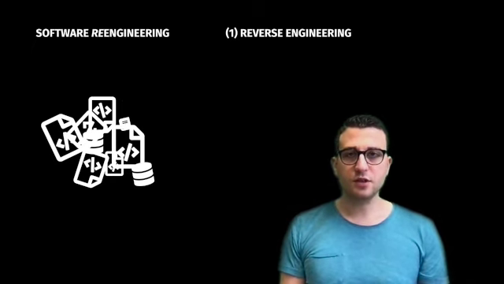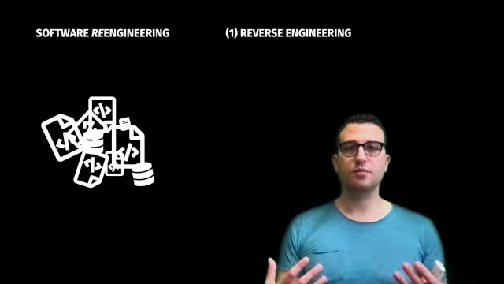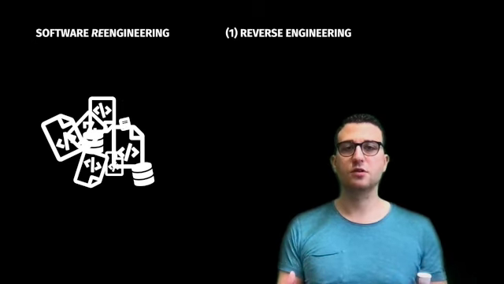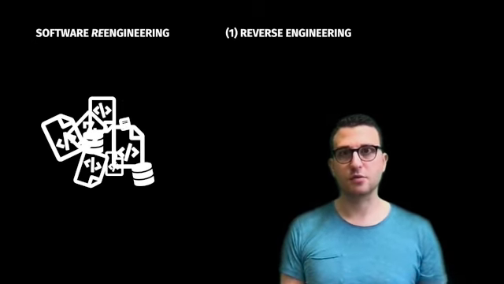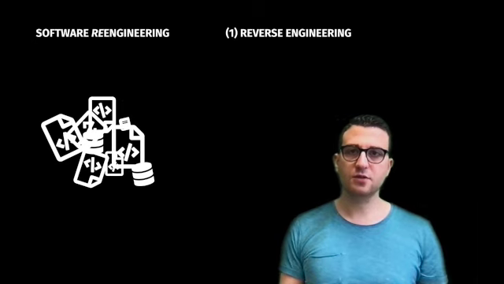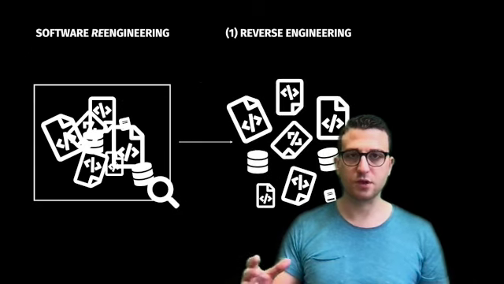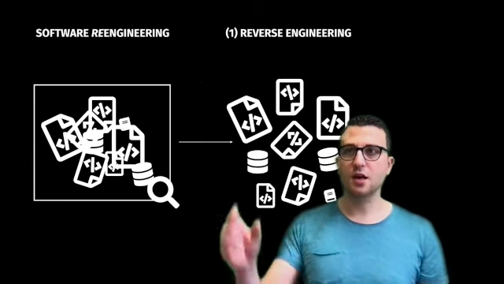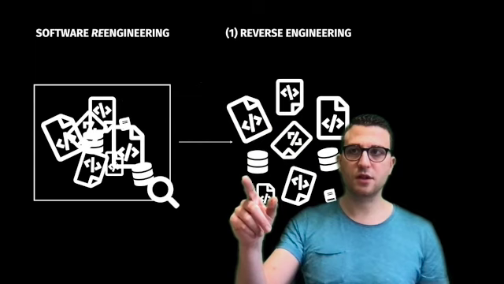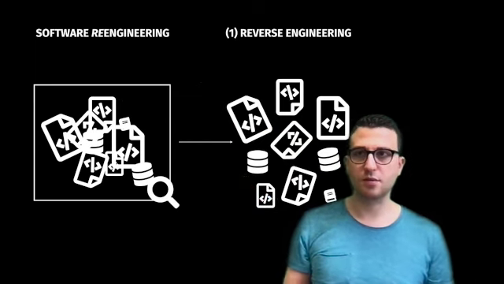Software reengineering is a general approach to give structure to this kind of process and to study how it might work. Usually it's defined as follows. You first have a reverse engineering phase where you have a look at the system and try to gain more knowledge about it, like having a look at the particular components, like the databases, the program chunks, and maybe find some of the documentation here.